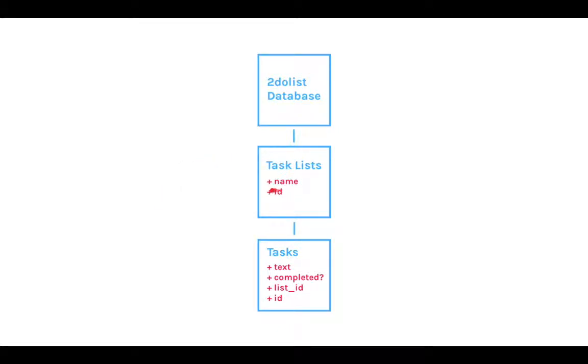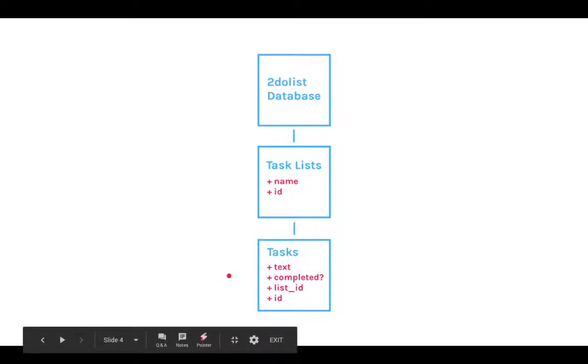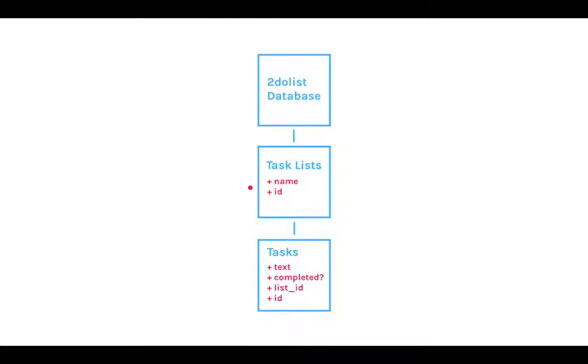In the SQL world, these things are called columns because they are present in a table. But in a programming language context, these are called properties or attributes, because they represent certain attributes of an object oriented program, of an object in that programming language. So we have two objects, the task list object and the tasks object.